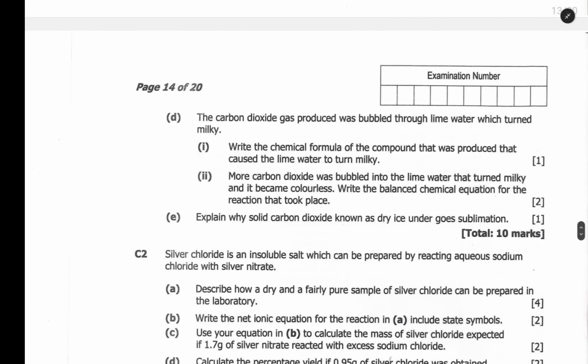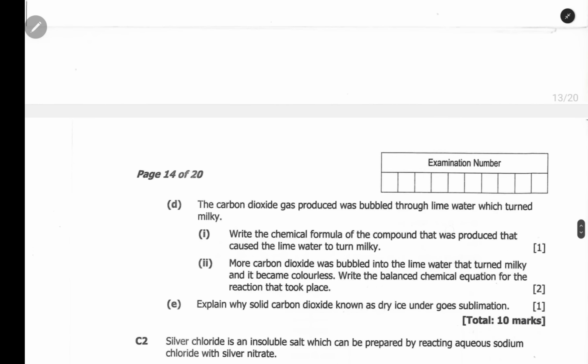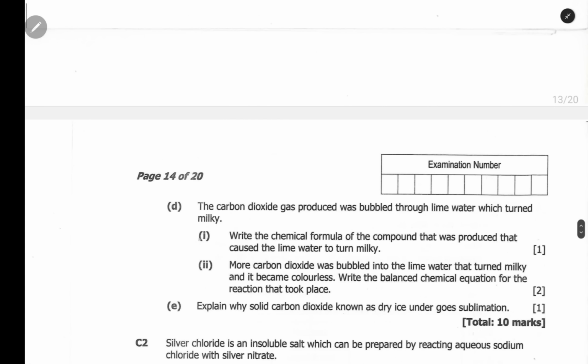Then question D, the carbon dioxide gas produced was bubbled through lime water, which turned milky. The first question is, write the chemical formula of a compound that was produced that caused the lime water to turn milky. So this is the answer to D1.